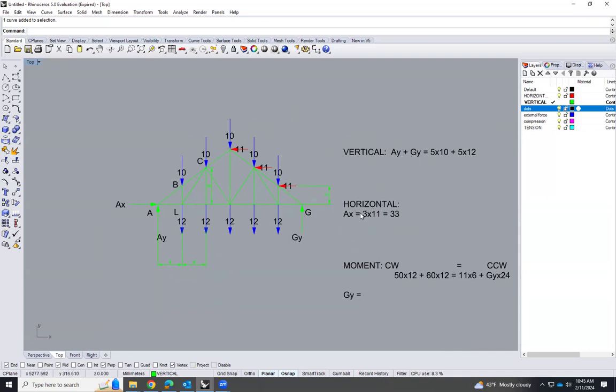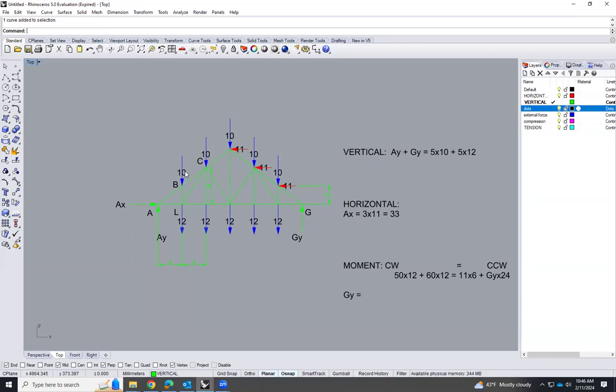We get AX, but we don't have AY or GY. So we have to solve the moments, or create the moment equation, a rotation about point A. And first, we need to understand what is clockwise.